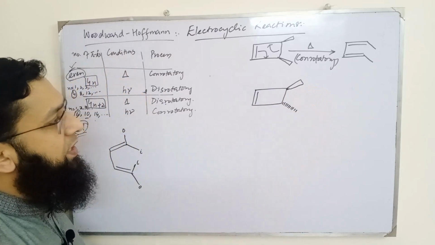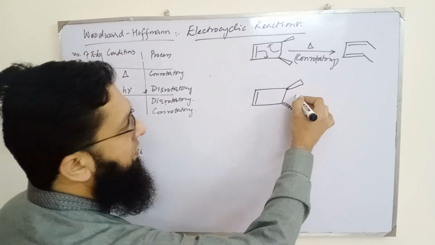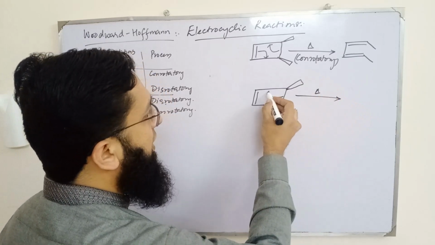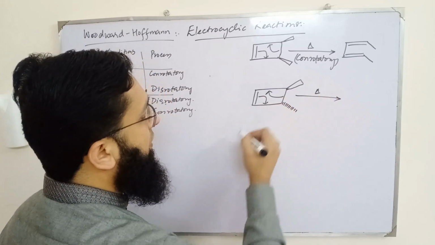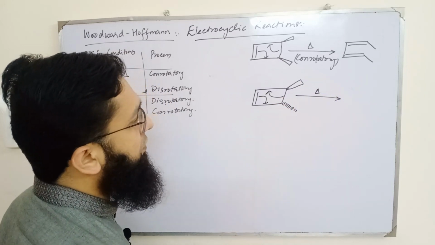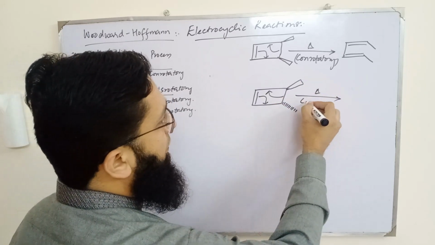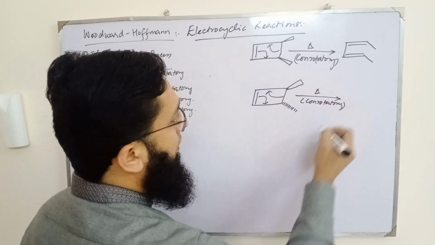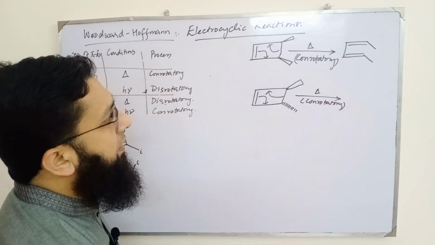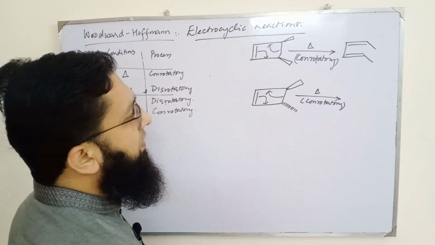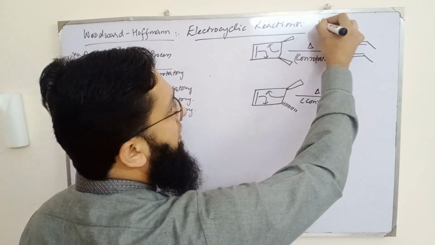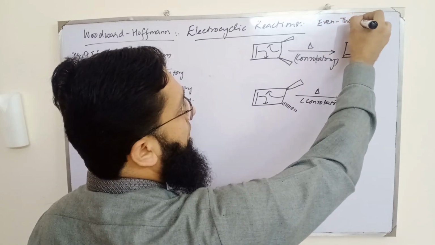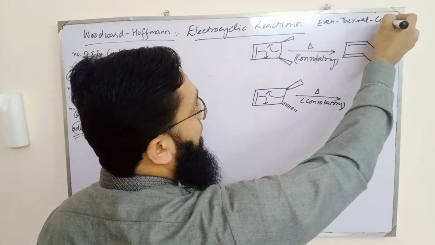Okay, in this case we can see that the process again is taking place under thermal conditions and requires two electron pushing arrows. So the process would be conrotatory. There is a keyword also: even thermal con.